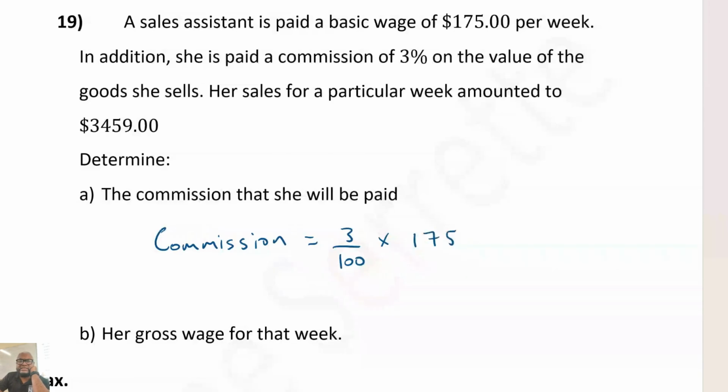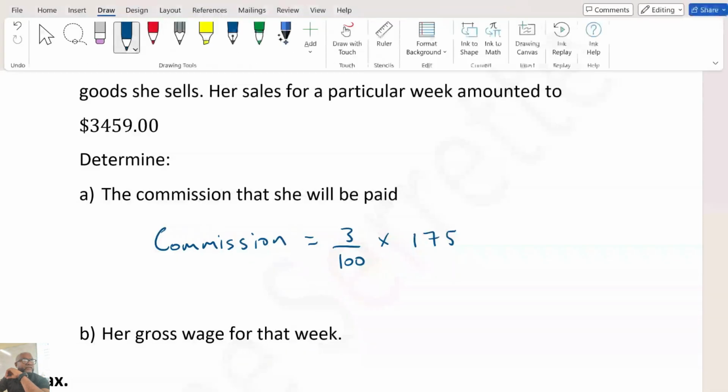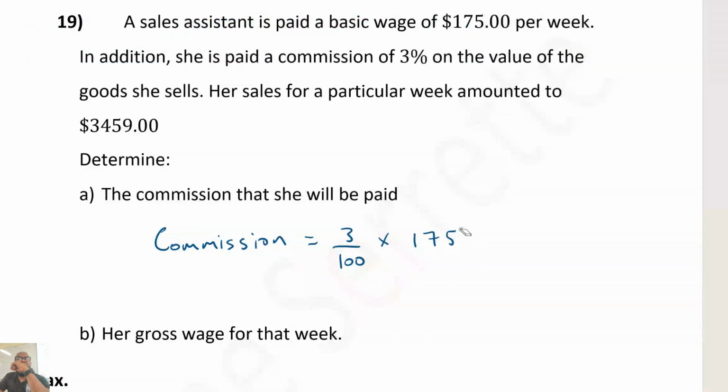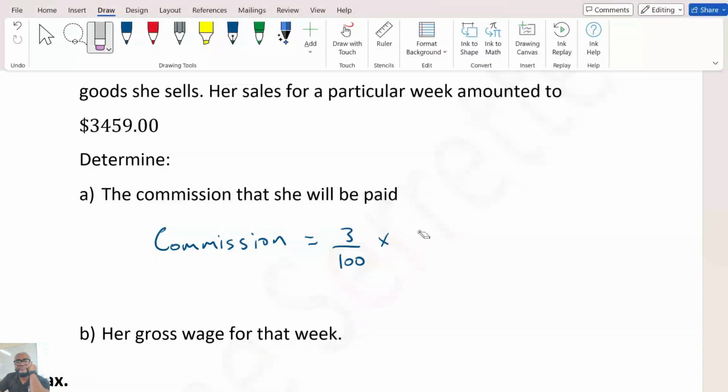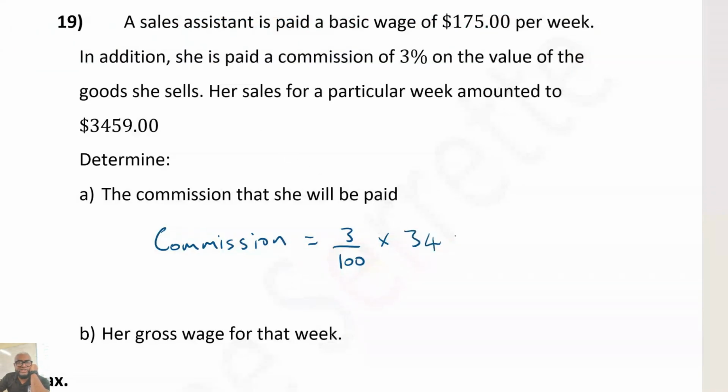No, the commission is 3% of the value of goods sold. That was a basic wage. So 3% of what? How much is the value of goods she sold for the week? 3,459.